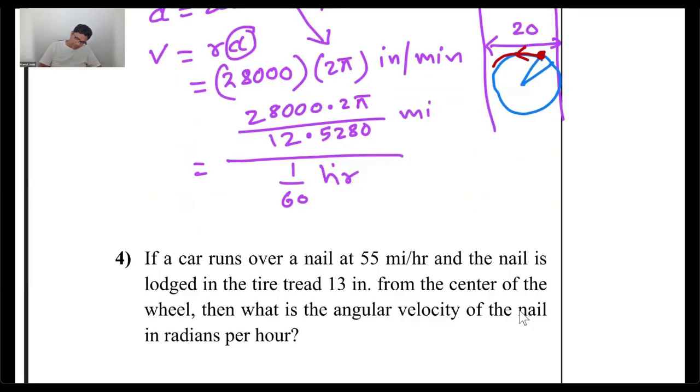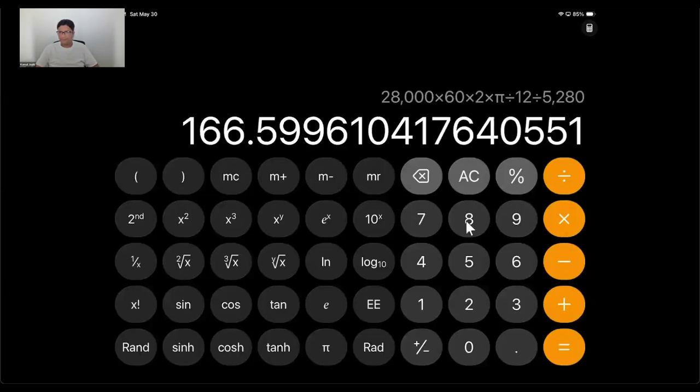So again, do this calculation on a calculator. Remember, this 60 will go up and multiply with the 28,000 there, and both 12 and 5280 are in the denominator. Use a calculator. So that's the expression I typed in the calculator.